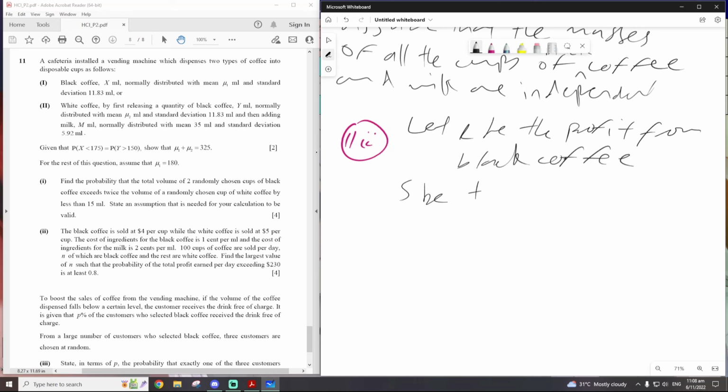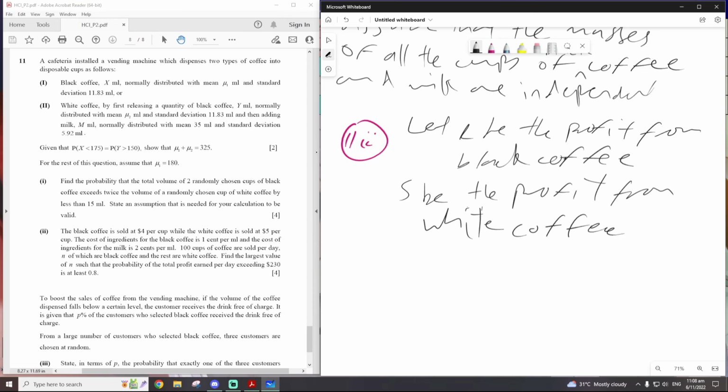S be the profit from white coffee, not milk, because you're not selling any milk. And I will tell you how we will solve this later.